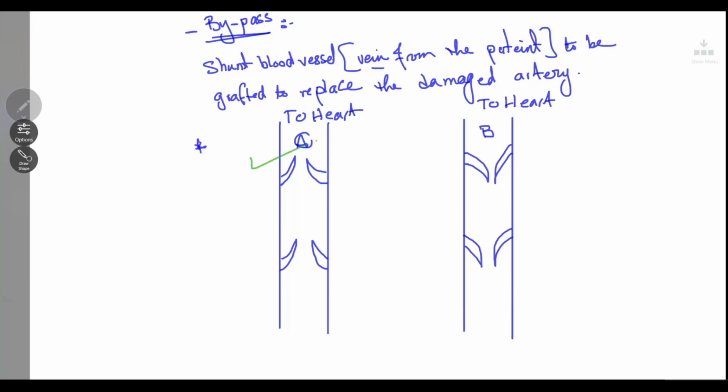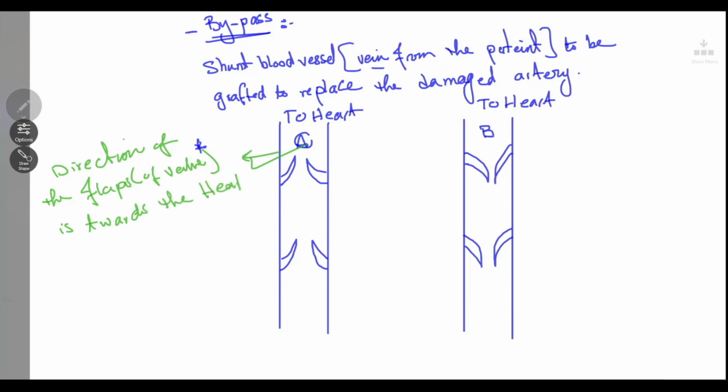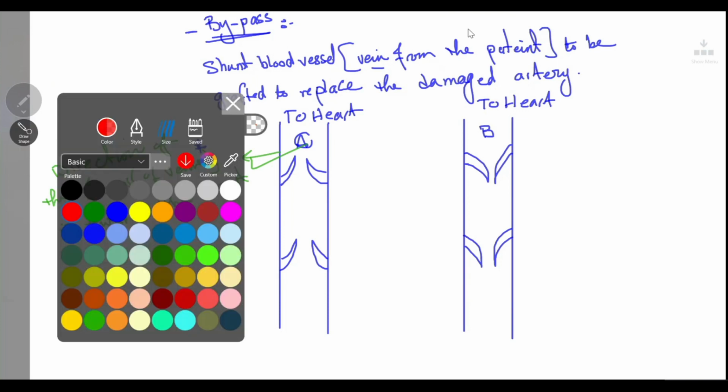Because this is correct. Because the direction of the flaps of the valve, here in A, is towards the heart. So the blood will move the correct way, to the heart, without any resistance.